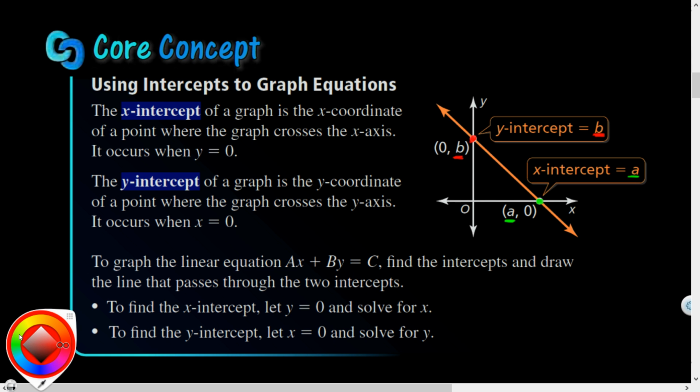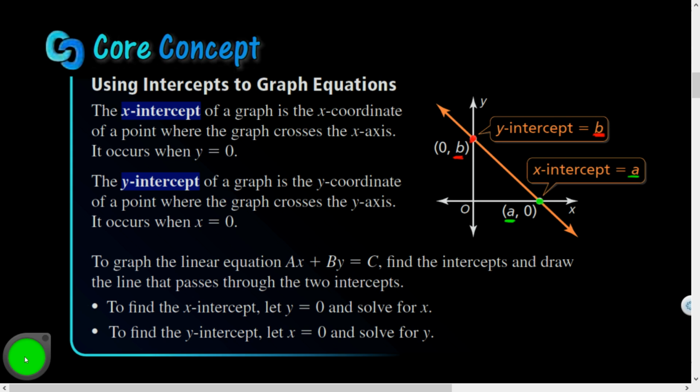So here's 0, 0. Here's 1, 0. Here's 2, 0. Here's negative 3, 0. All of those have 0 as their y-coordinate. And that's what this little fact is saying right here. And that fact is going to help us find x-intercepts. X-intercepts occur when y equals 0.